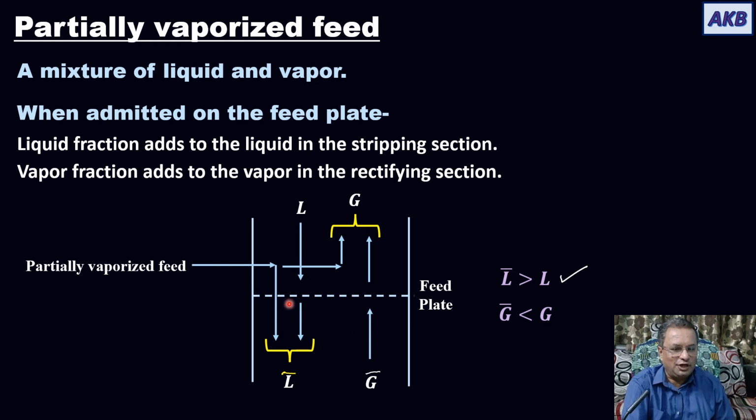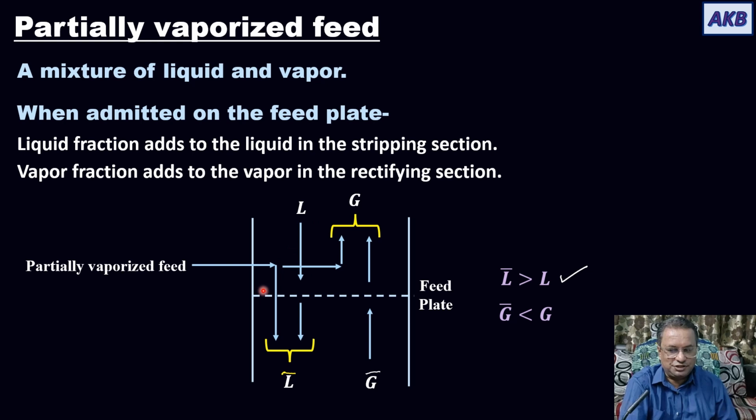And this is the relationship between L bar and L, and G bar and G. It is the liquid flow rate in the stripping section and the liquid flow rate in the rectifying section; the vapor flow rate in the stripping section and the vapor flow rate in the rectifying section. Okay, so I hope the concept is clear to you. If you have any doubts, please mention them in the comment section.